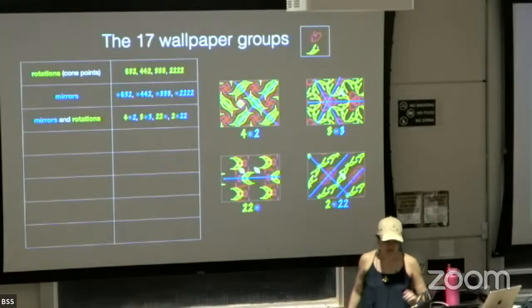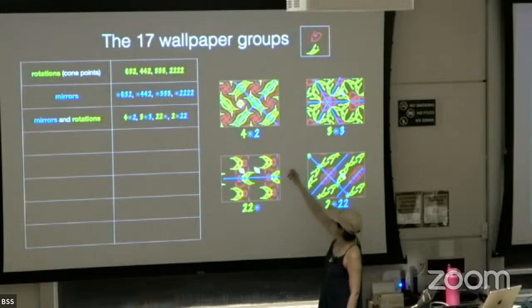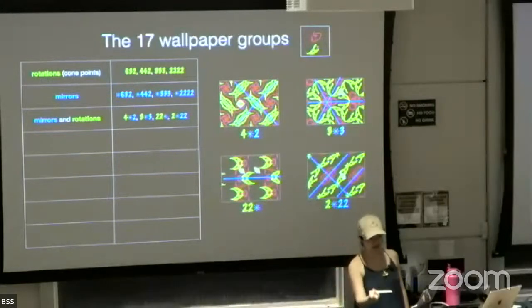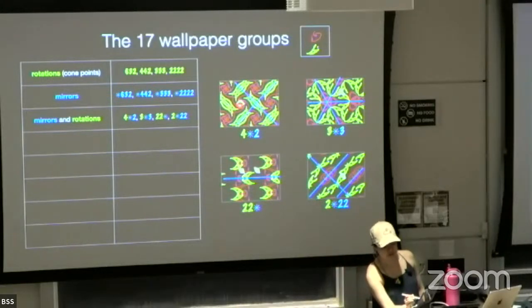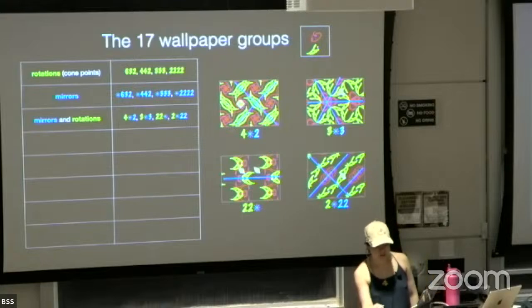4 star 2 has a 4-fold rotation and then 2 mirrors. That's a very pretty pattern. 3 star 3 is also a very nice pattern.